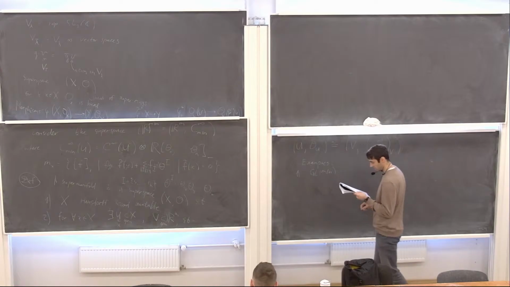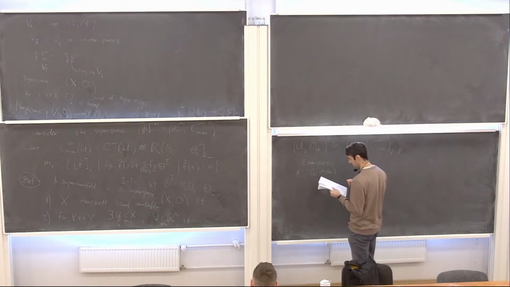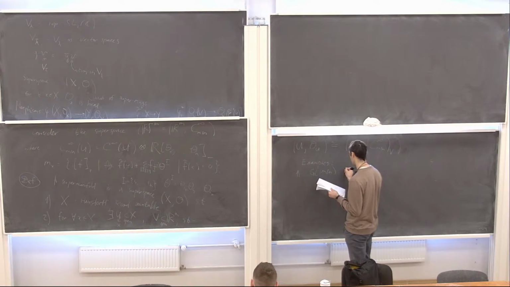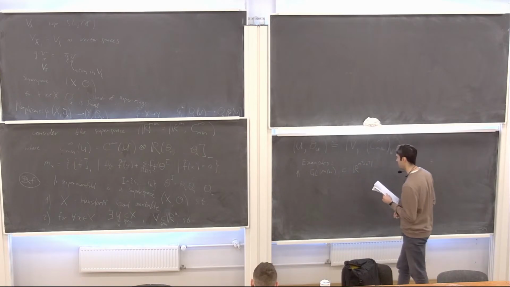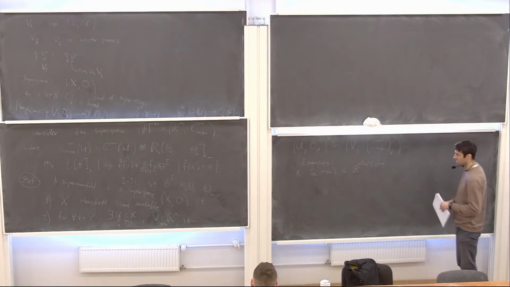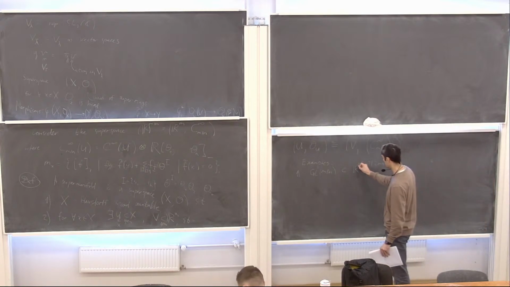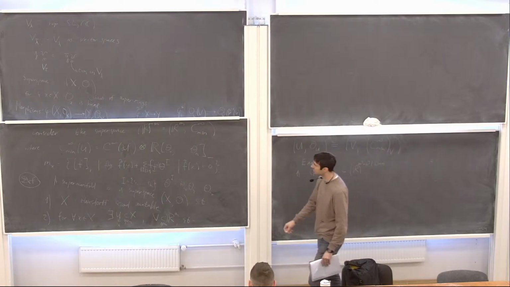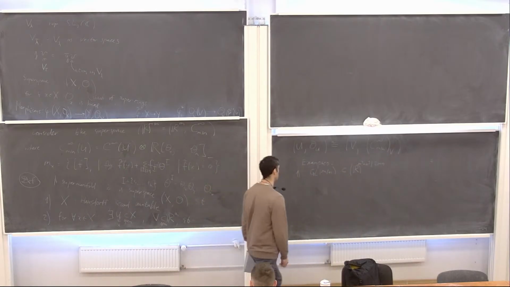So this is, let's say, a submanifold inside R^(m squared plus n squared), 2mn. Sorry, and I need to put parentheses everywhere here.